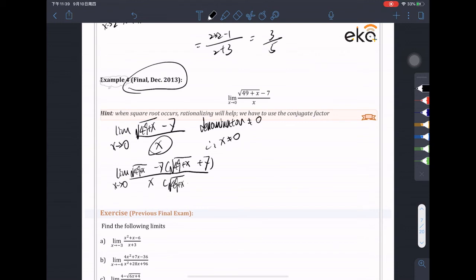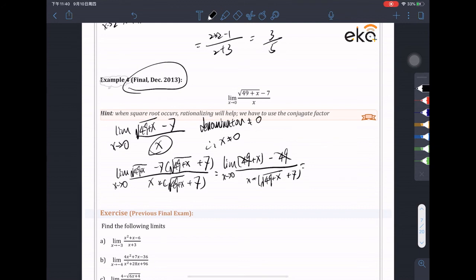Okay, so it becomes the limit as x approaches 0 of, there's no more square root, 49 plus x minus 49 over x times the square root of 49 plus x plus 7. Okay, then this is cancelled.